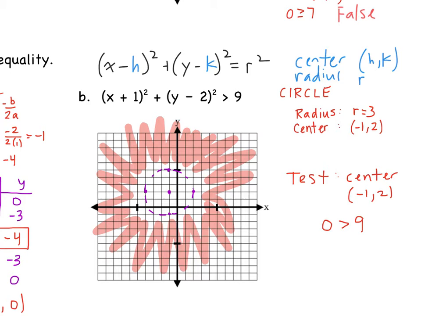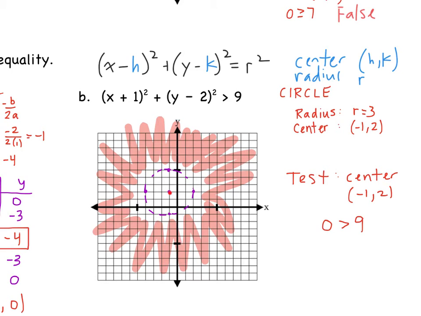So in this case, we need to identify our center and our radius. Our center is going to be -1, 2. Our radius is going to be the square root of 9, and that's where we got 3 from. So the first thing we do is plot our center point, which is -1, 2.